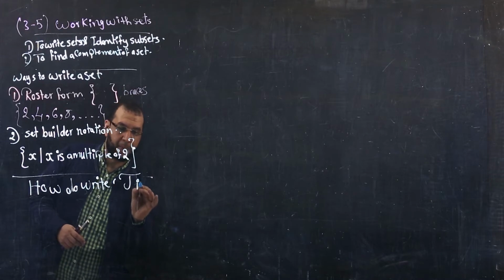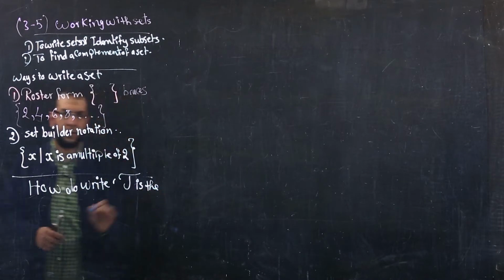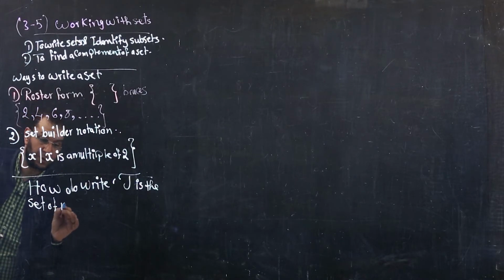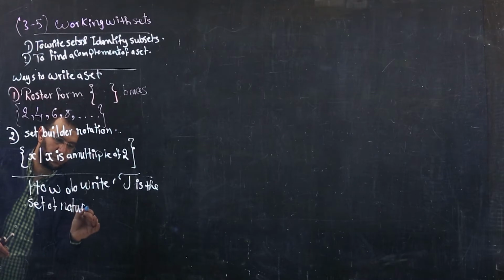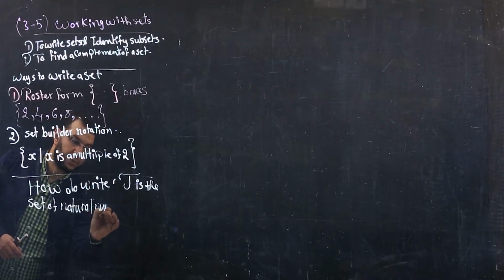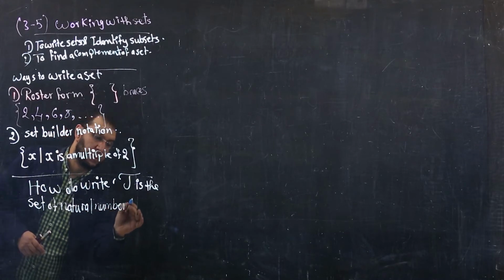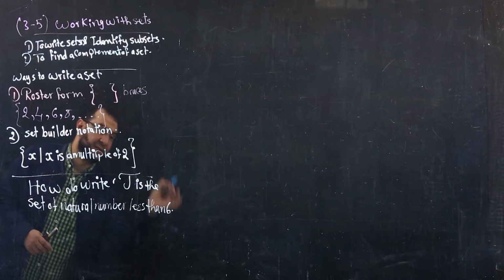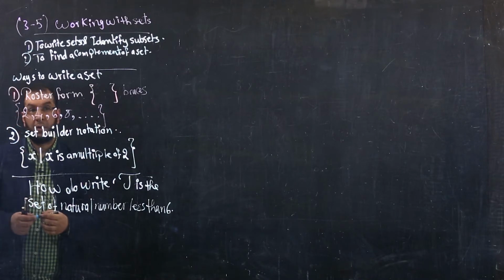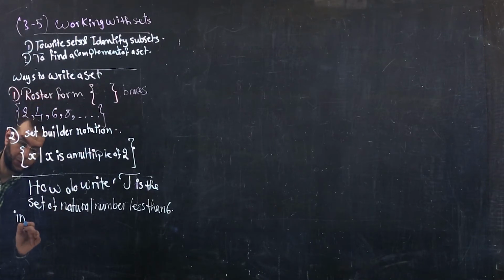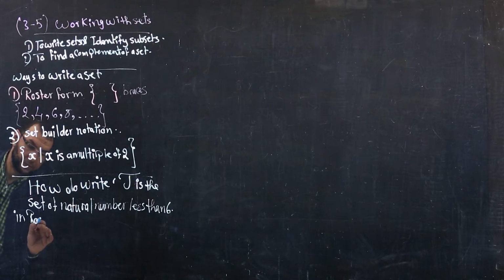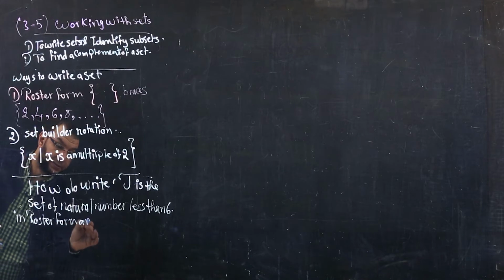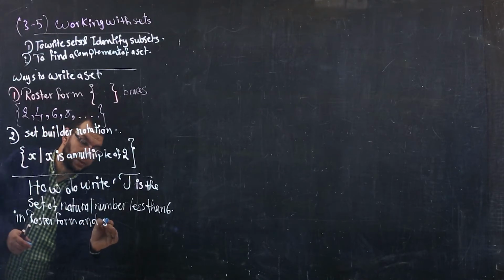T is the set of natural numbers less than 6, in Roster Form and in set builder notation.